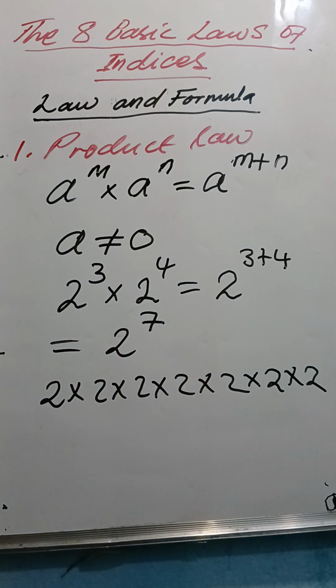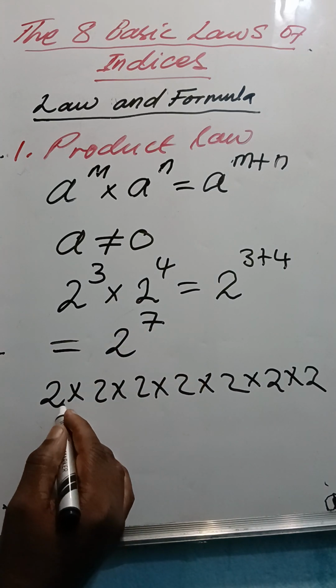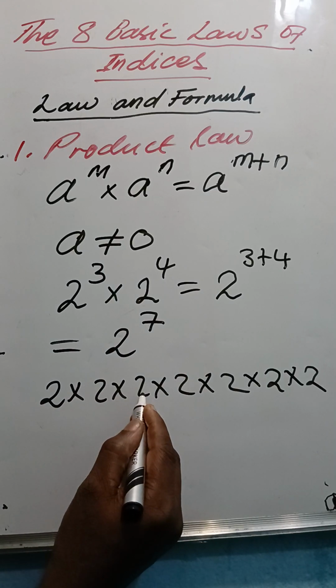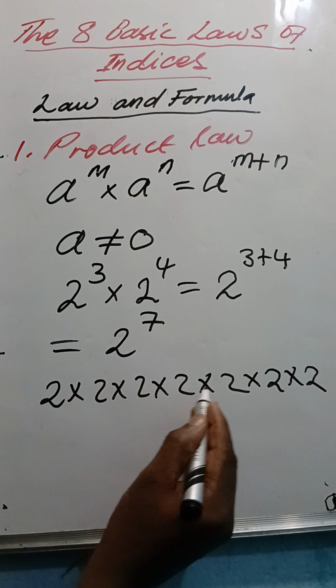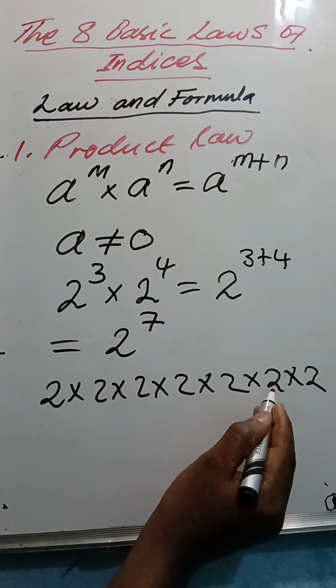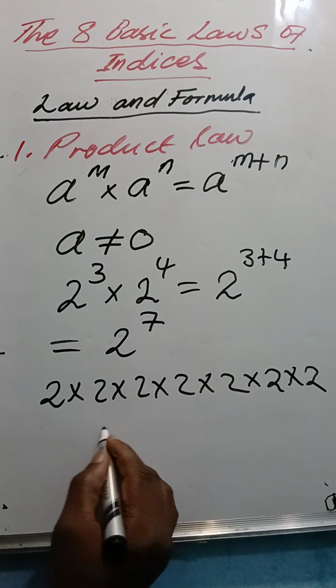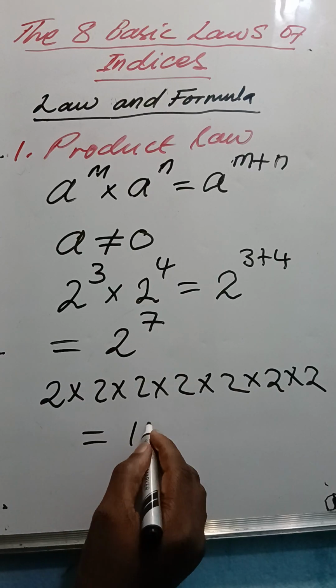But to be explicit, we have 2 times 2, which is 4 times 2, 8 times 2, 16 times 2, 32 times 2, 64 times 2. That will give us 128.